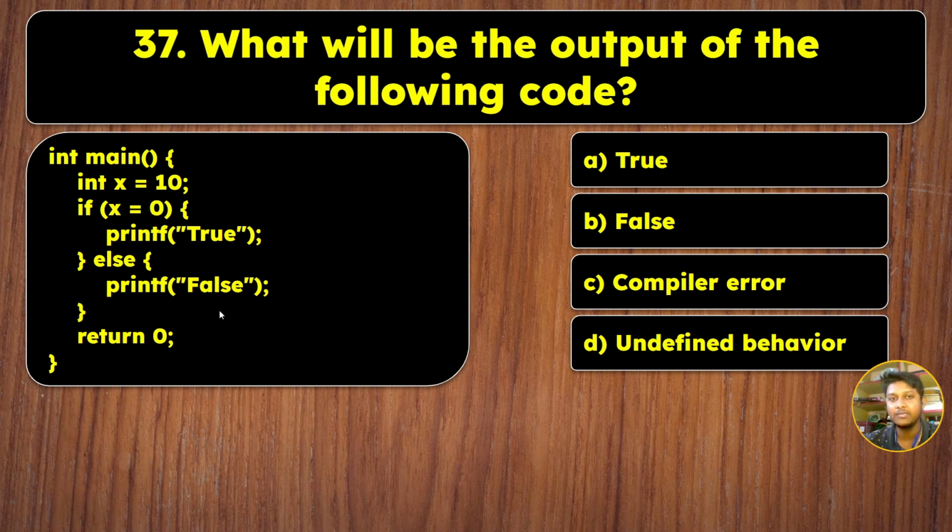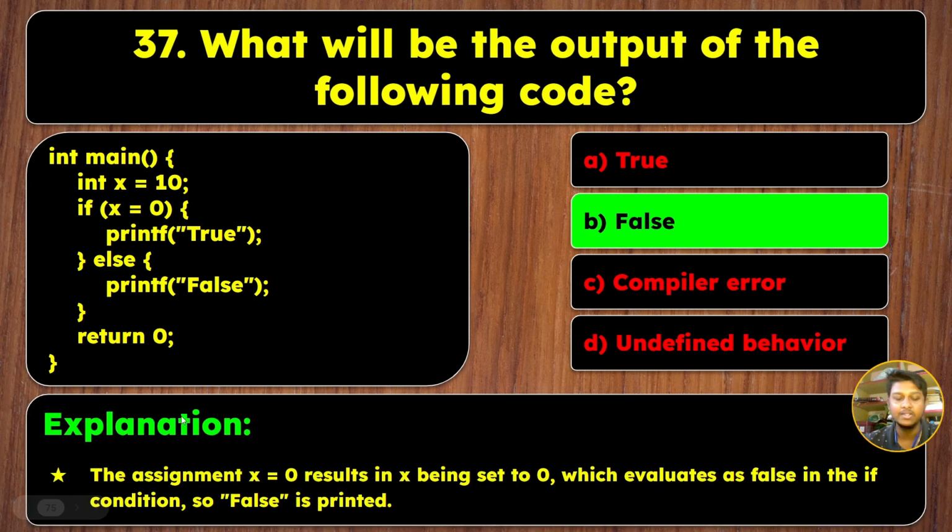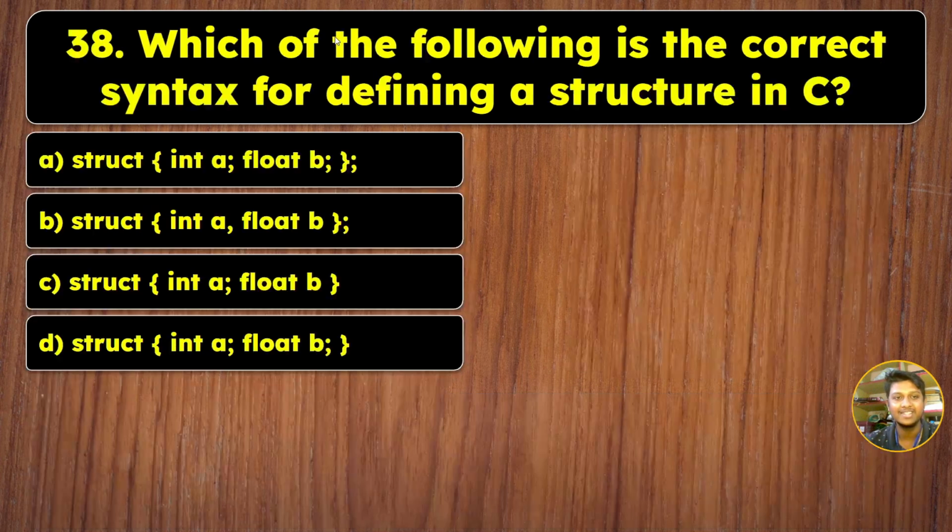So our correct answer will be option B. As you can see in the explanation, the assignment x equal to 0 results in x being set to 0, which evaluates as false in the if condition. So false is printed.